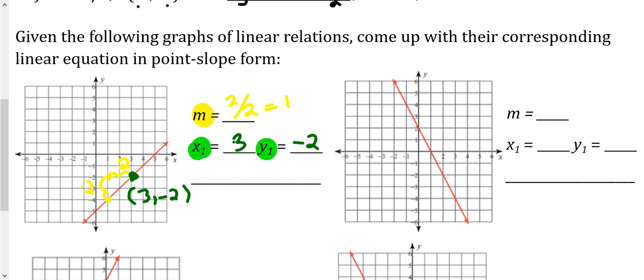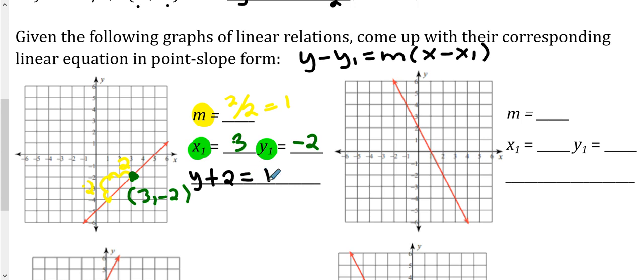Now when I go to write my equation, again, same form, y minus y1 equals m times x minus x1. It's going to look like y plus 2, again, because of that double negative, equals m, oh, my equal sign looks like a frowny face, equals my m, which was just a +1.